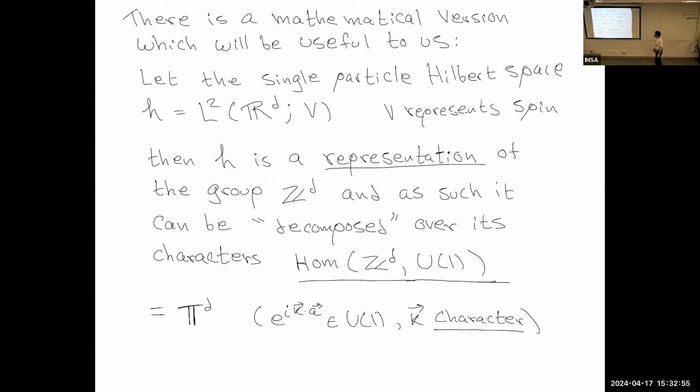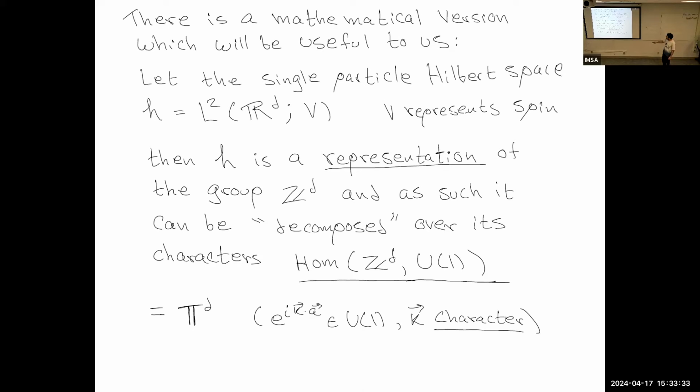However, there's a much more mathematical way of putting it, and this will be useful for us. So if this is your single particle Hilbert space, just square integrable functions on R^d, and B represents spin. It won't be very relevant for the discussion here. Then H is a representation of your group Z^d. And as such, it can be decomposed over its characters. I believe it's called the isotypic decomposition. And the characters for Z^d are precisely the points in the Brillouin zone, right?